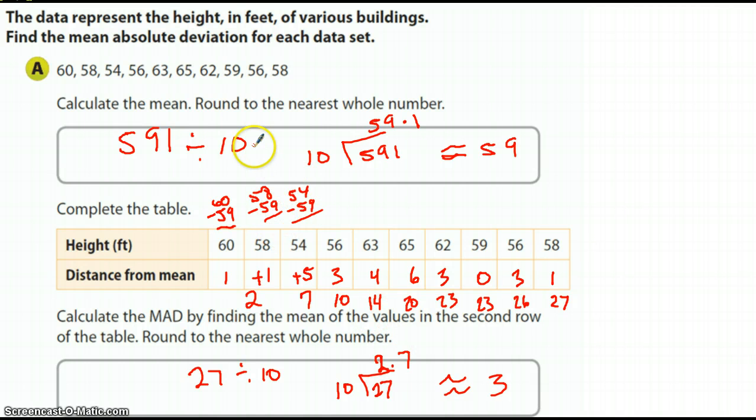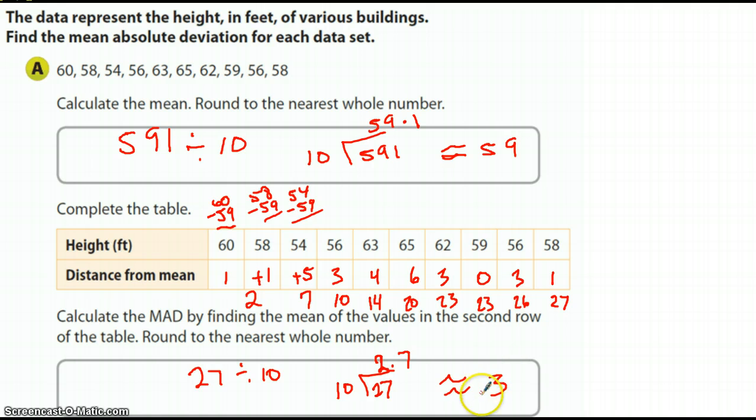Really simple. We found the means, then we subtracted the means from the data, and we came up with the distance from the mean for each. We added them up, divided by the number of data points, and that gave us our MAD. And what the MAD does is it determines, just like it said, how far apart your data is.